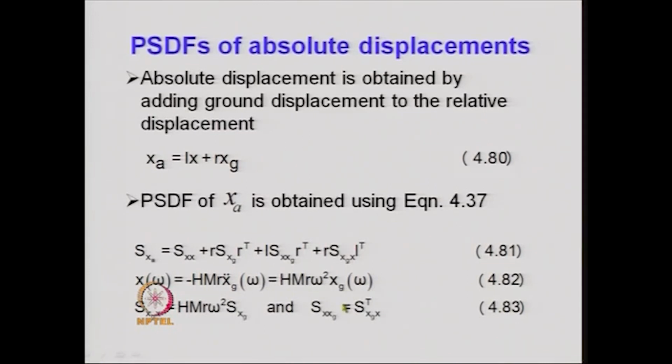And once we have this relationship, then from this I can easily get the cross power spectral density function between xg and x. Since it is a matrix, there will be a complex conjugate of transpose, so that star is missing over here.